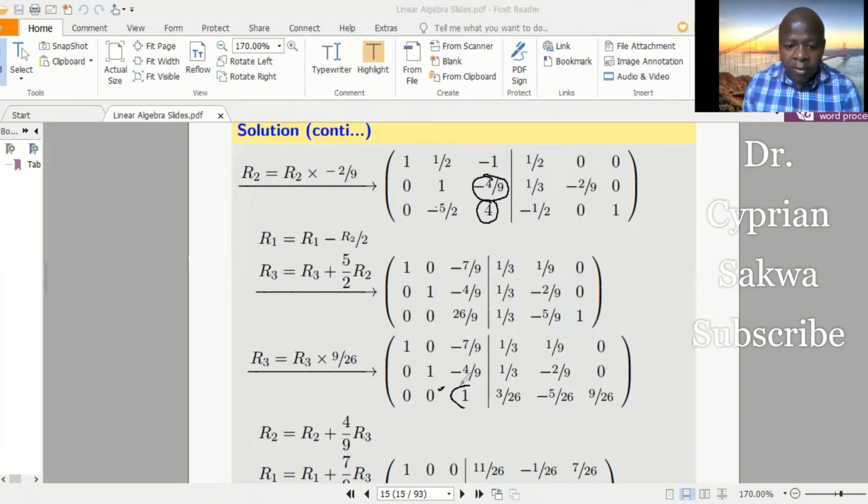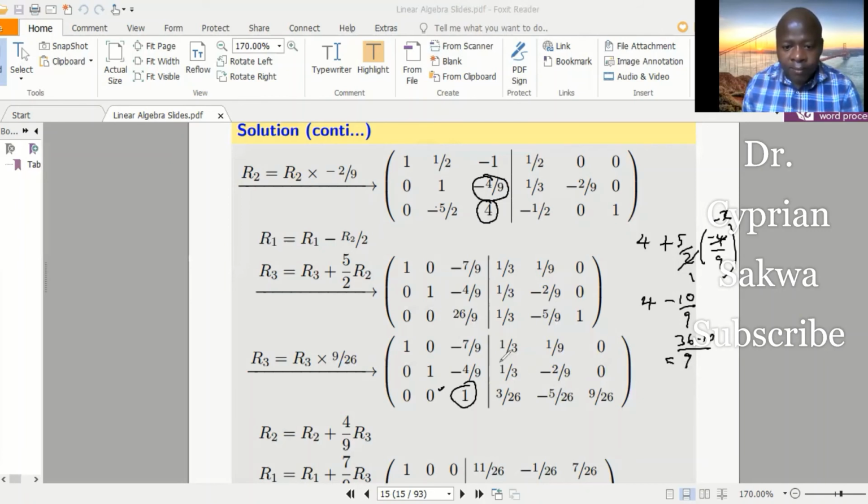You can just work out that one, because this is 4 plus 5/2 of -4/9. So what we have will be 4 minus 10/9. And the LCM is 9. And this will be 36 minus 10, which gives you 26/9.